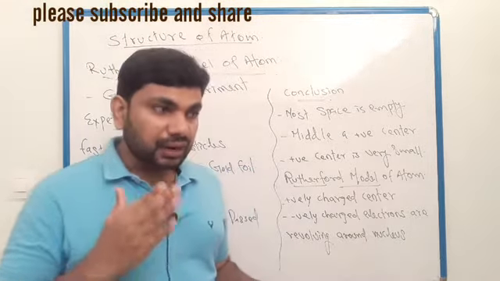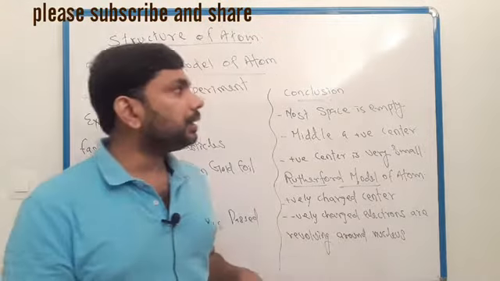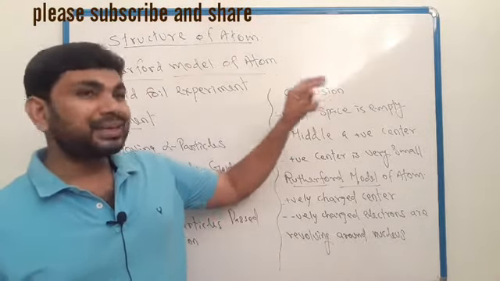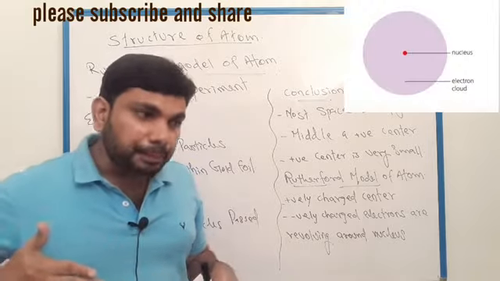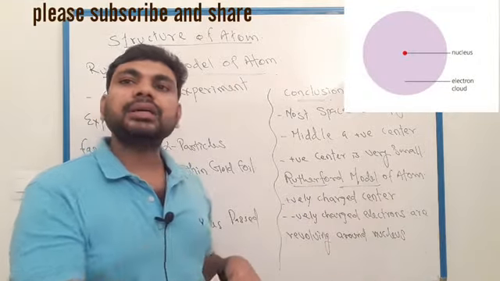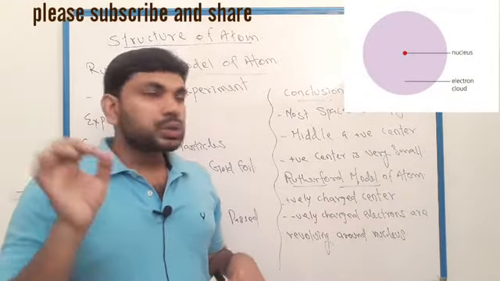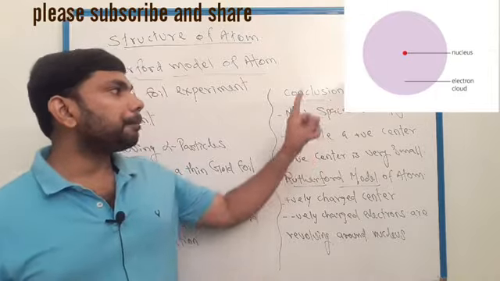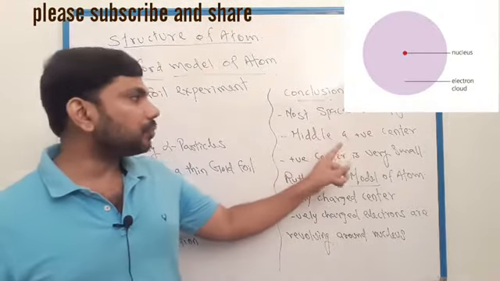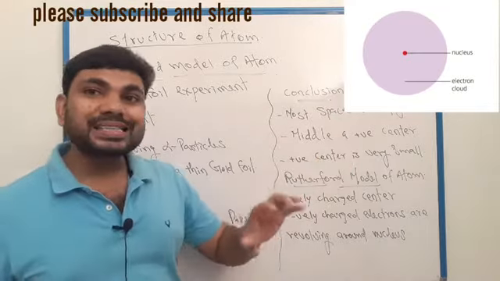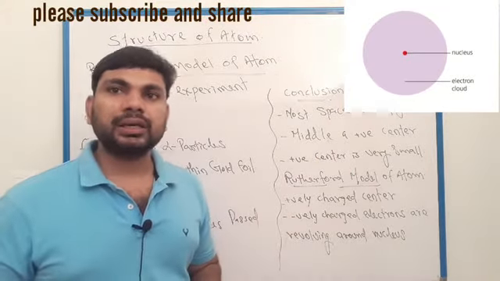Positively charged alpha particles deviated means, as you can see in this figure, in the middle of the atom there is a positive center. That's why positively charged alpha particles deviated. So first conclusion, most of the space of the atom is empty. Second one, in the middle of the atom there is a positive center. Clear?